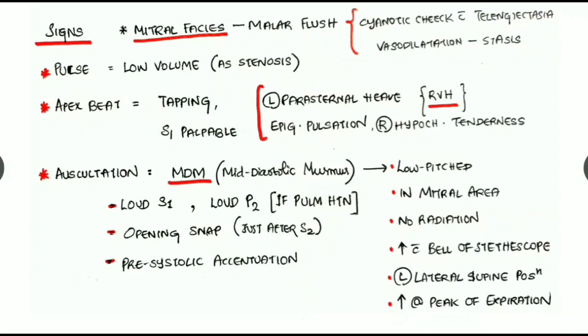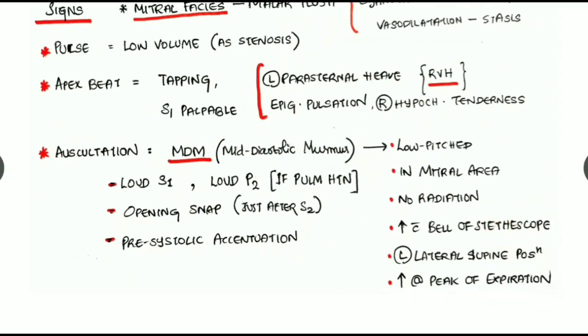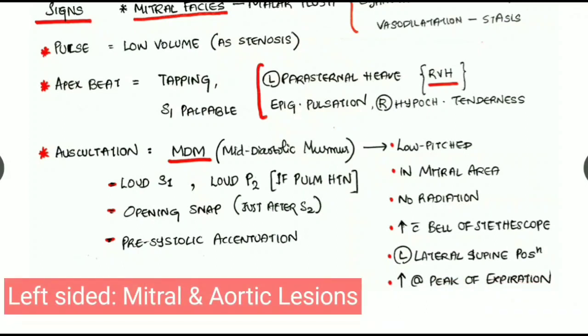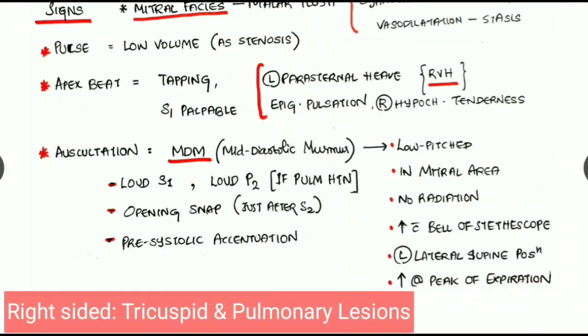And it is heard more with the bell of the stethoscope and it is more heard in the left lateral supine position and more evident at the peak of expiration. That is, left-sided lesions are more heard at the peak of expiration. Right-sided valvular lesions, the murmurs are heard at the peak of inspiration.